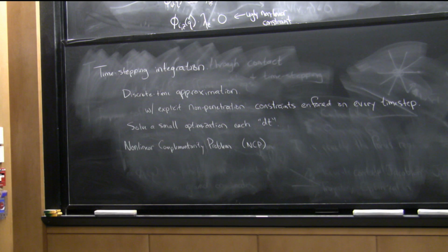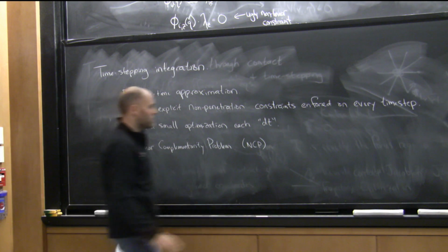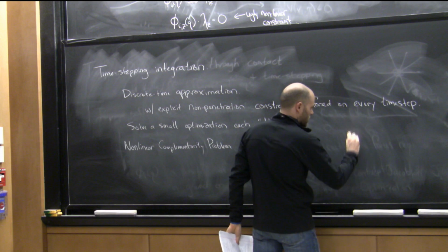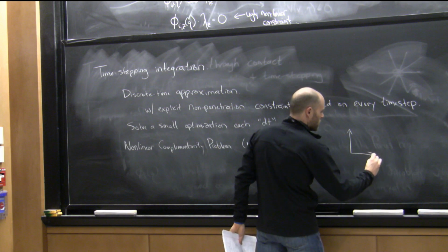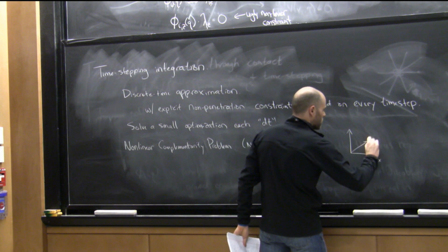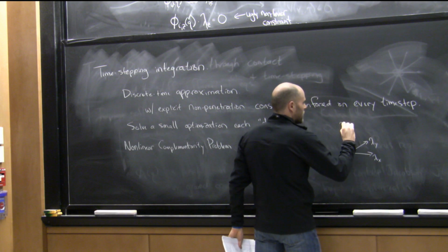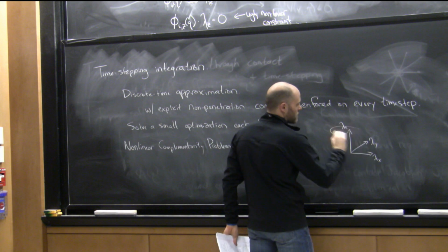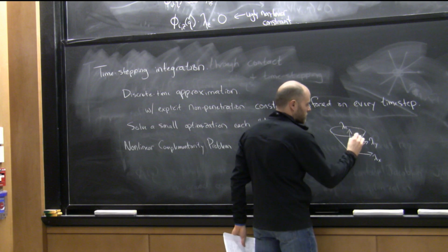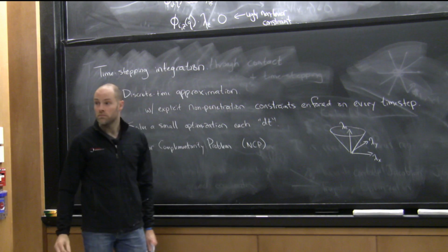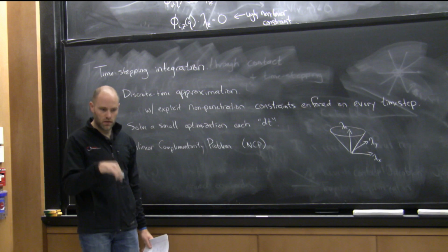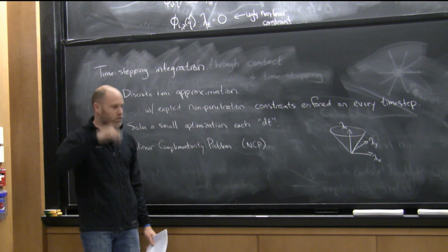If, however, we take that Coulomb friction constraint and make an approximation. That's a second order cone constraint, it's called, right? You can imagine the picture of that is that if I plot lambda x, lambda y, lambda z, the picture of that is a cone, right? And I hope that you can connect that to your intuition about friction.